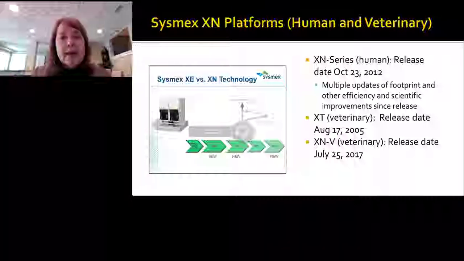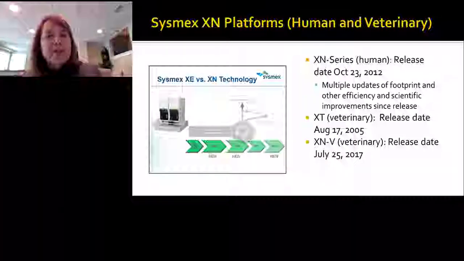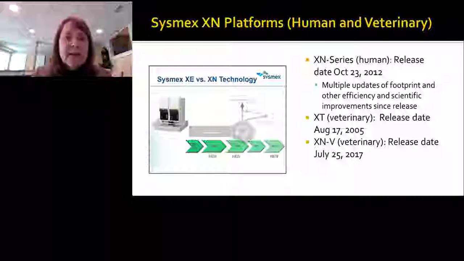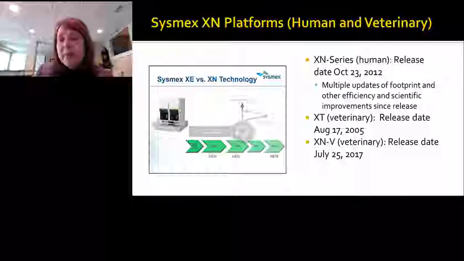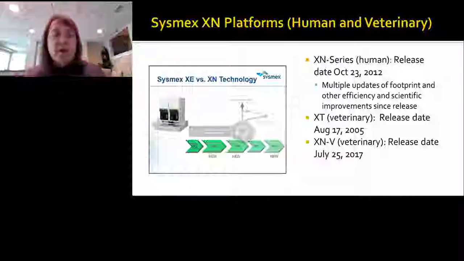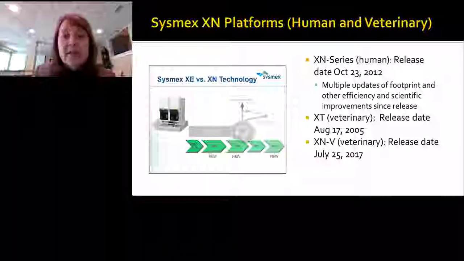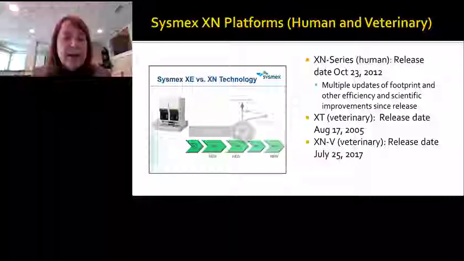The XN is a product of growth from the more original series, called the Sysmex XE series, and the XN for humans has been in use since 2012.